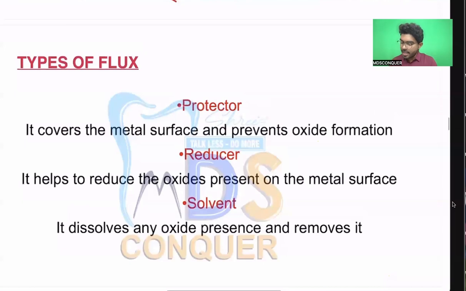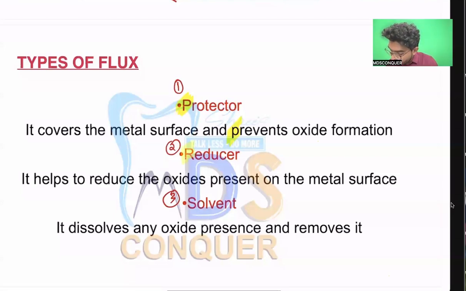Now I'll be talking about the types of fluxes. Fluxes are basically divided into one, protector flux, second, reducer flux, third, solvent flux. What is protector? You can easily remember protector with the word P. Protector prevents, P and P. It covers the metal surface and prevents the oxide layer formation. P for P, that is prevention.